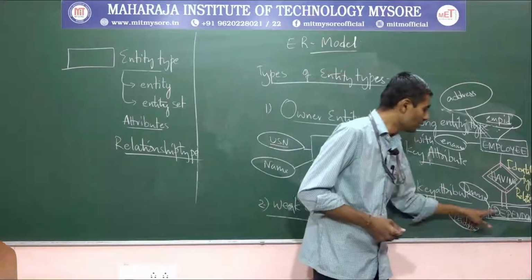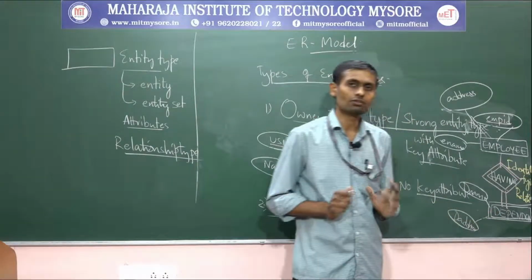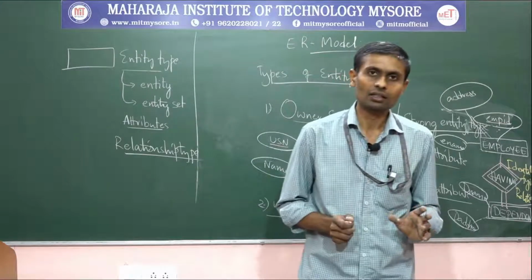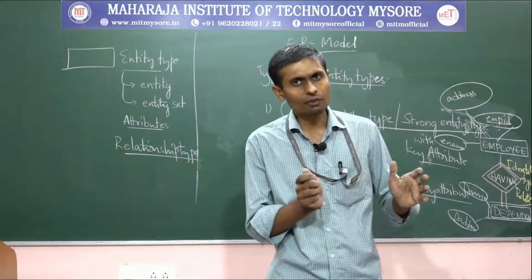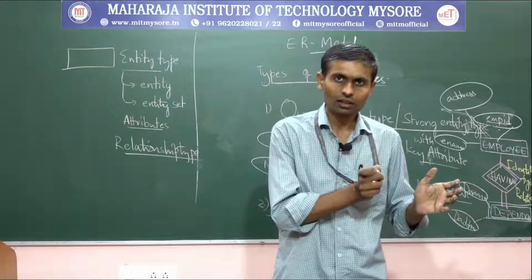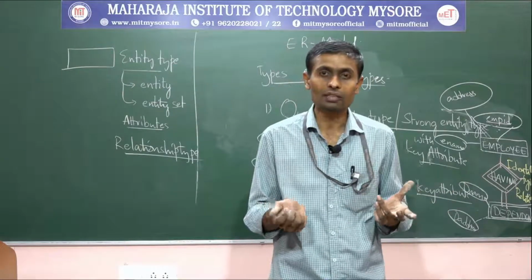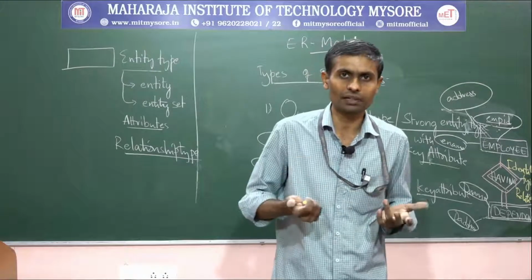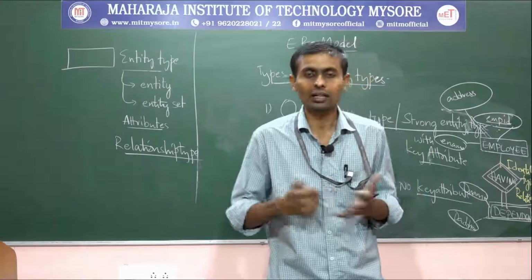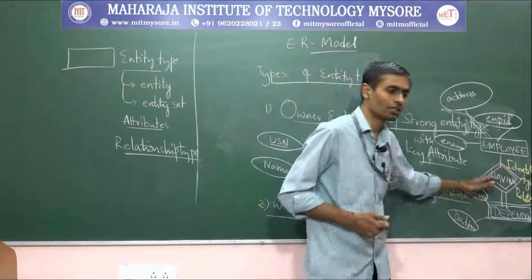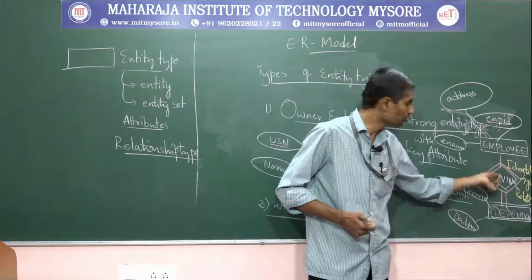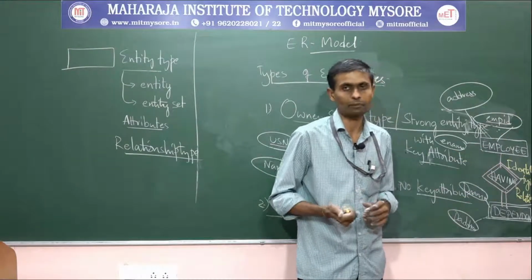A participation constraint indicates whether all instances of a particular entity type are associated, or whether a few entities are left out, that is, not connected or associated with another entity type through any relationship type.